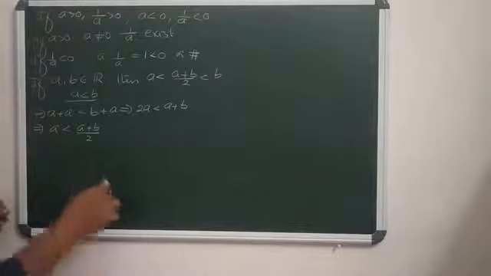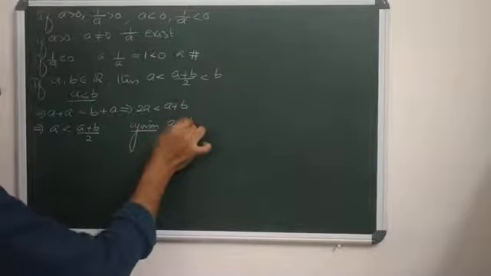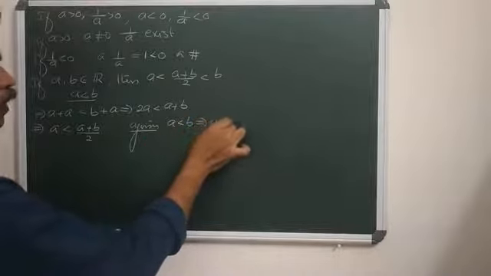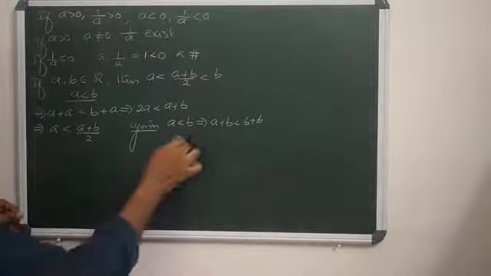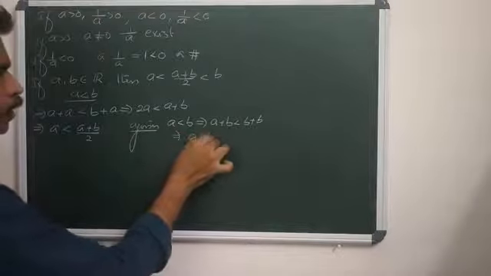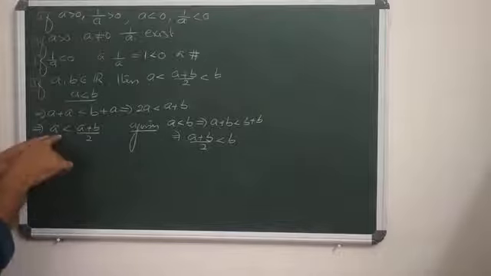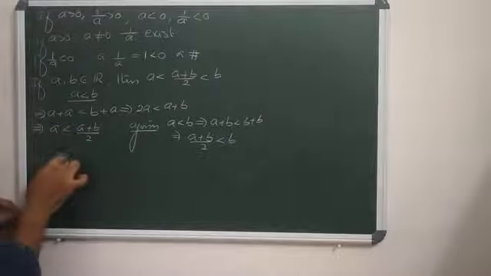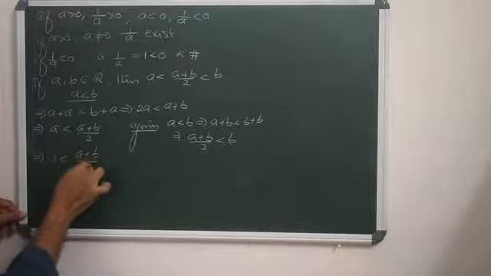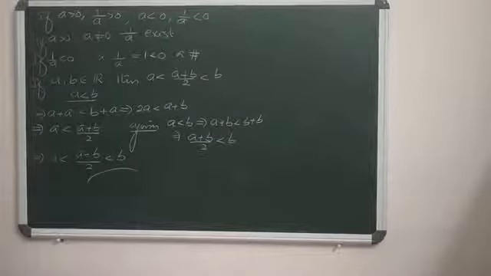Again, a less than b, so a plus b less than b plus b. Adding b on both sides, that means (a plus b) by 2 is strictly less than b. So clearly a less than (a plus b) by 2, and (a plus b) by 2 less than b. Combining, we have a less than (a plus b) by 2 less than b. So this (a plus b) by 2 is the arithmetic mean between a and b.